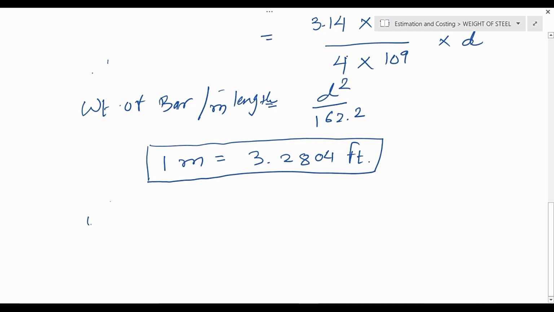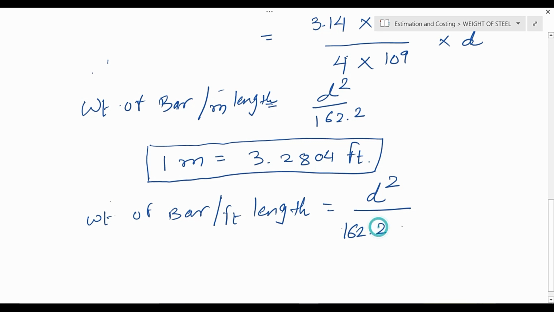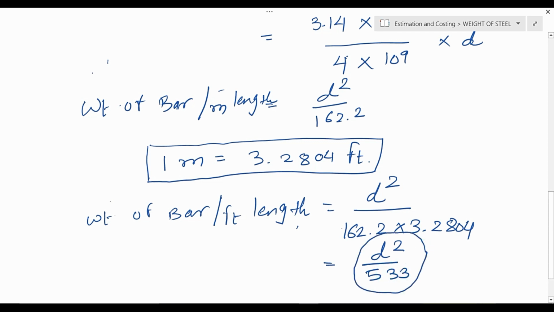So let us find the weight of bar per feet length. I simply need to multiply 162.2 by 3.2804, and this answer comes somewhere near d square divided by 533. So this is nothing but a conversion of meter to feet.